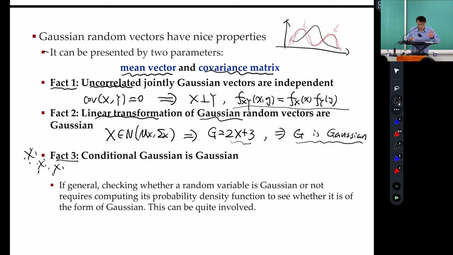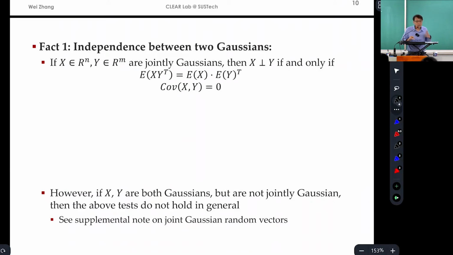All right, let's go over a little bit depth, go into the depth of each of these facts. First of all, fact 1. So let's say x and y are jointly Gaussian. I need to formally define this term for you.